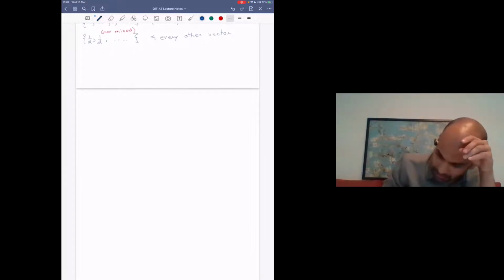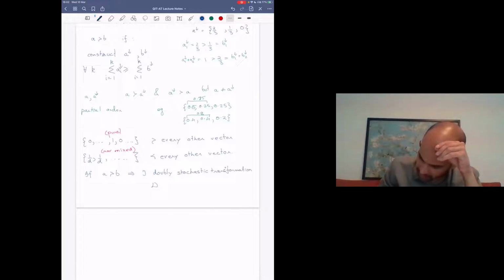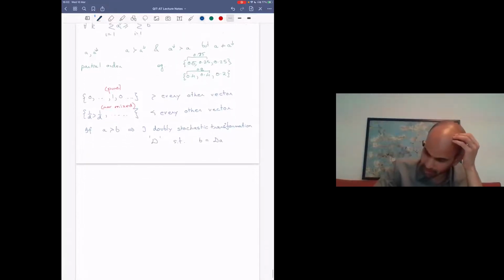But there is a theorem which is that if A majorizes B, then there exists a doubly stochastic transformation D such that B is equal to D times A. And the doubly stochastic transformation is essentially a matrix.